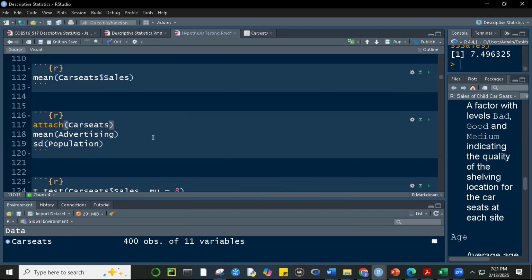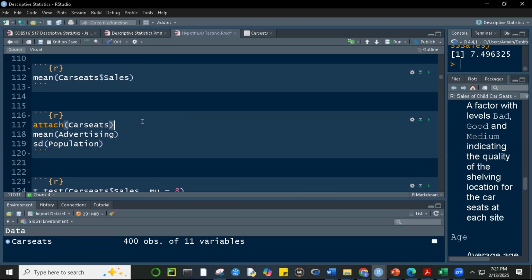So that will simplify how you write your code because you don't have to write car seats here, population here. But just be careful because you might have several objects here and then it might cause a conflict when you use another object. So after you attach, it is suggested that you detach if you're going to use another object so that it will not cause confusion.